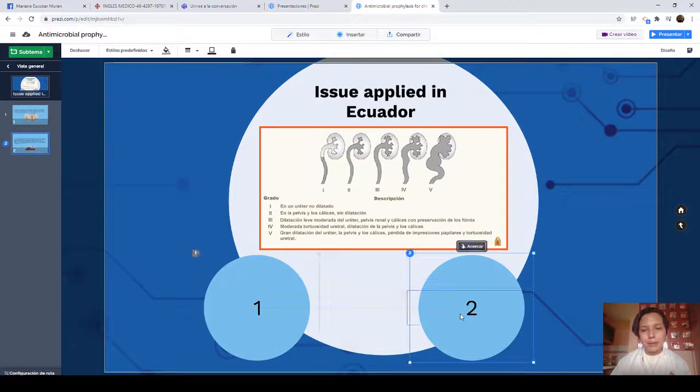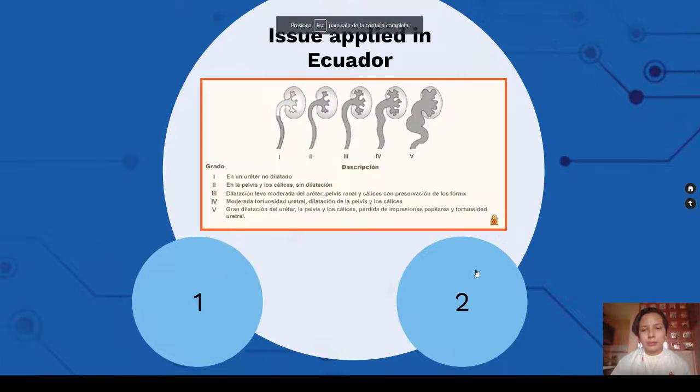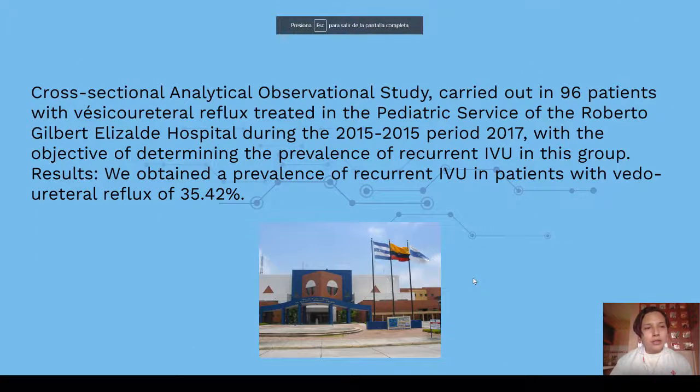Second, a cross-sectional analytical observational study carried out in 1906 patients with vesicoureteral reflux treated in the pediatric service of the Roberto Gilbert Elizalde Hospital during the period 2010 to 2017, with the objective of determining the prevalence of recurrent UTI in this group.